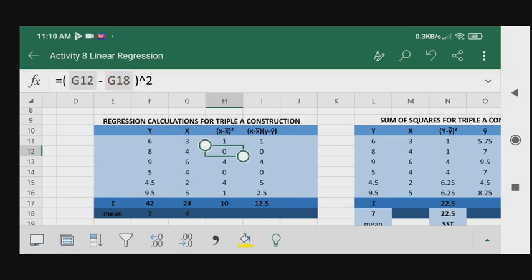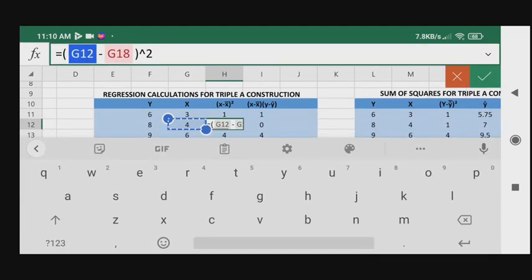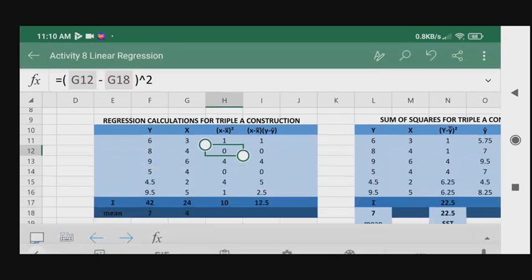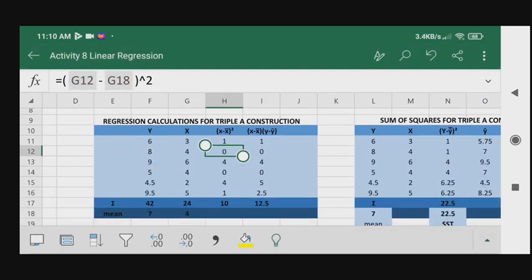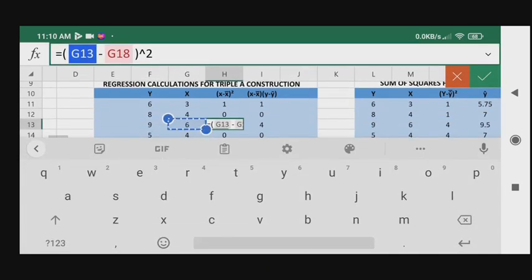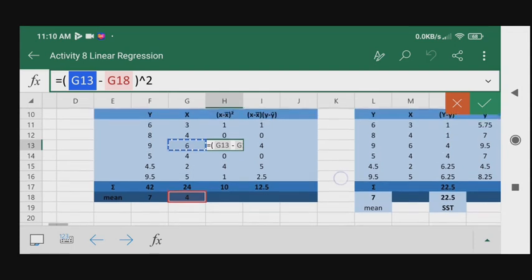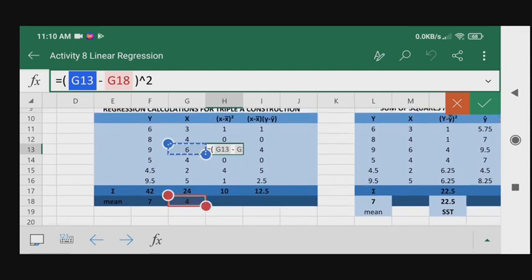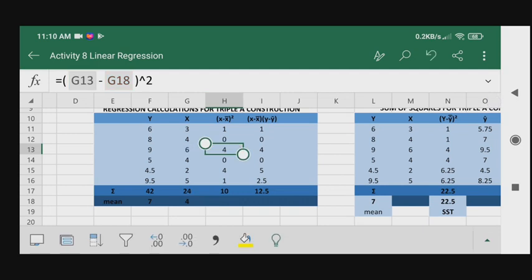Next, G12 minus G18 squared equals 0. Next, G13 minus G18 squared equals 4.